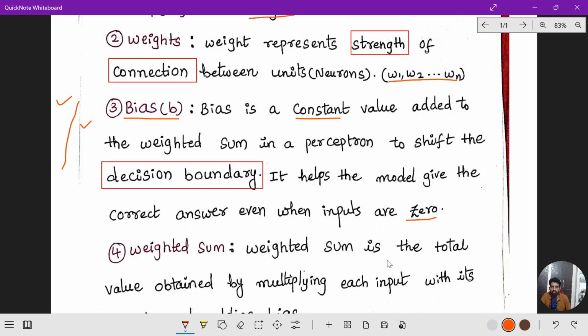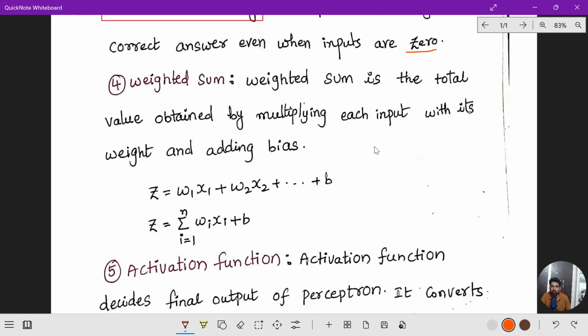So the fourth one is the weighted sum. What is the meaning of weighted sum? Weighted sum is the total value obtained by multiplying each input with its weight and adding the bias. I already told this above. So w1x1, you multiply weights and inputs, and so on, up to the point where we add the bias value.